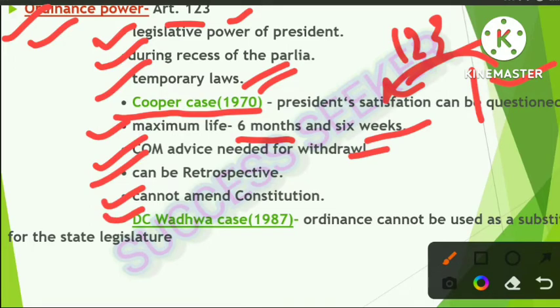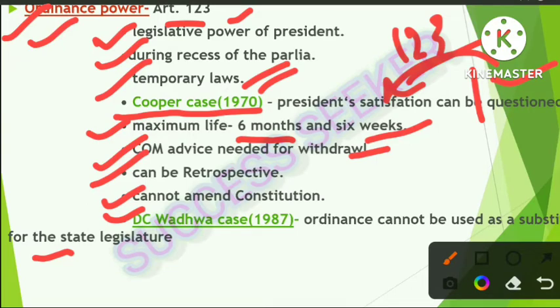One more very important case, the DC Wadhwa case 1987. Ordinance cannot be used as a substitute for the state legislature. Meaning, in a state where the union's party is not in majority, the union through the President or governor could impose an ordinance which can be very negative for the state.